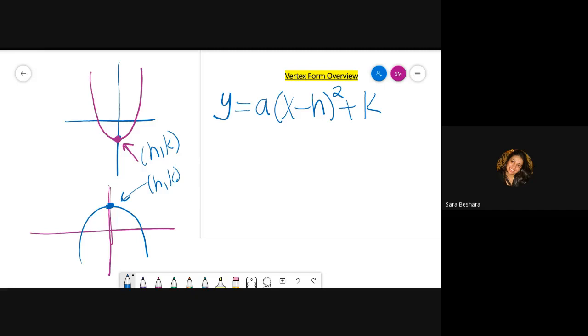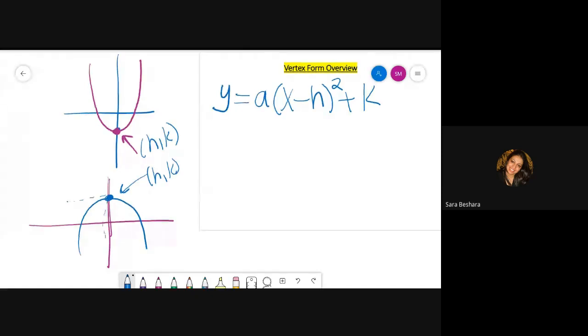If this moves somewhere, let's say it moves here, or it moves down a little bit, then h and k would have values. So h here is the movement, or translation, on the x-axis.